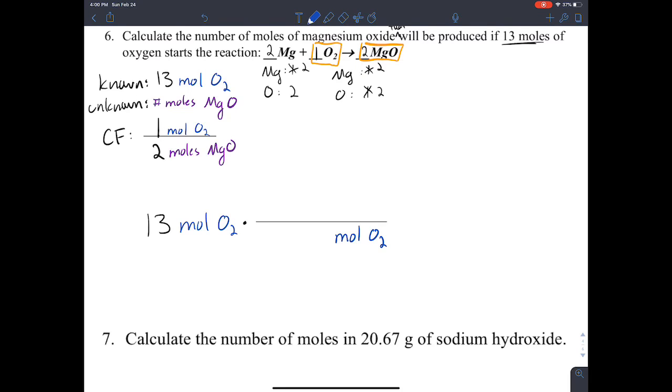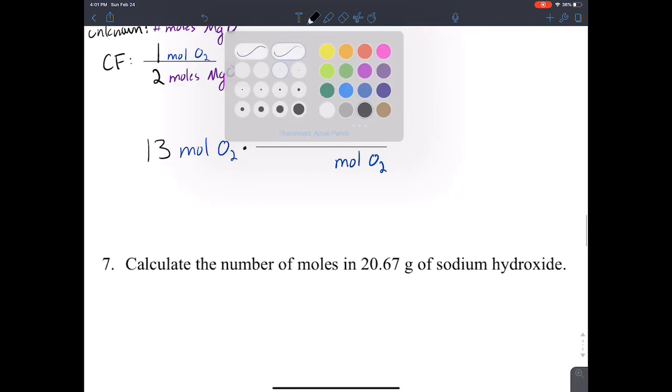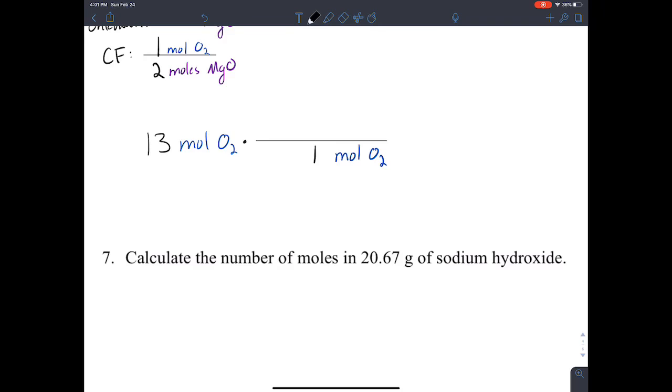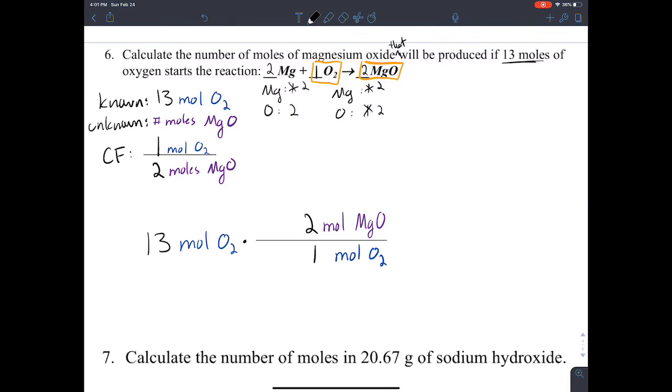So when we look at our conversion factor, we have to flip it from how we originally wrote it. So 1 mole of oxygen is going in the denominator, and 2 moles of magnesium oxide will go in the numerator.